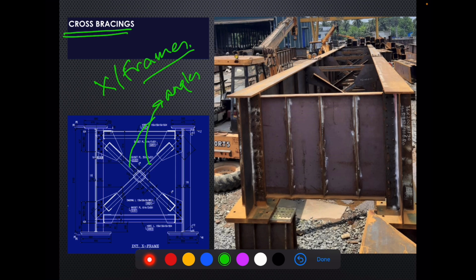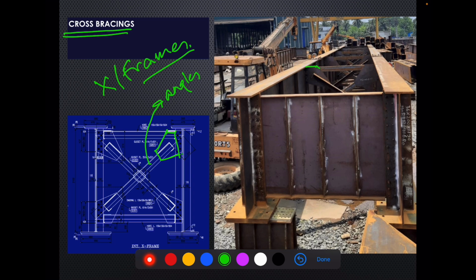These angles are welded. You can see the welding going like this on the three sides of the angle. So these are welded with the gusset plates. This is how cross frames are provided.